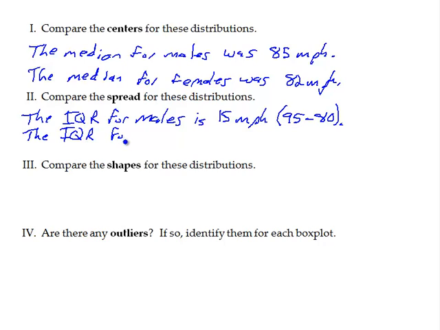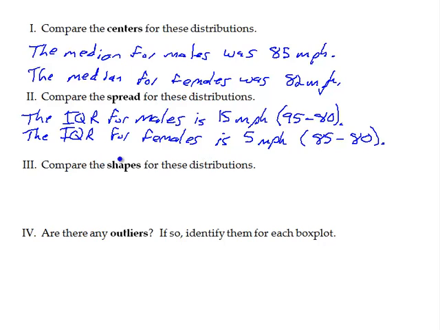The IQR for females is about 5 miles per hour, and that's coming from Q3 85 minus Q1 80.